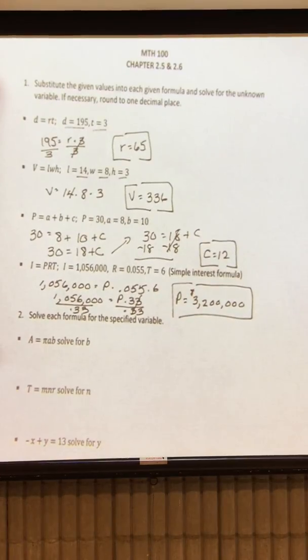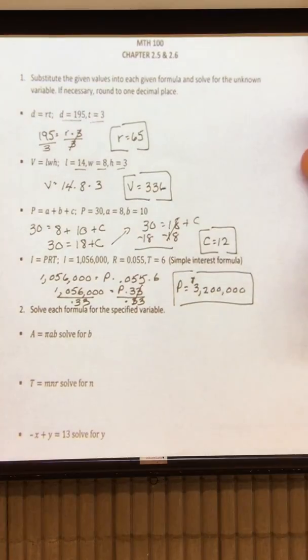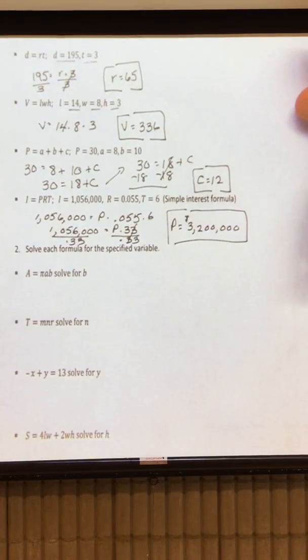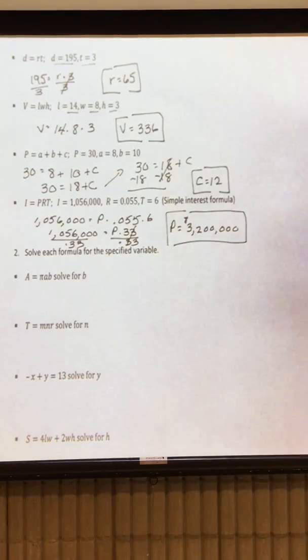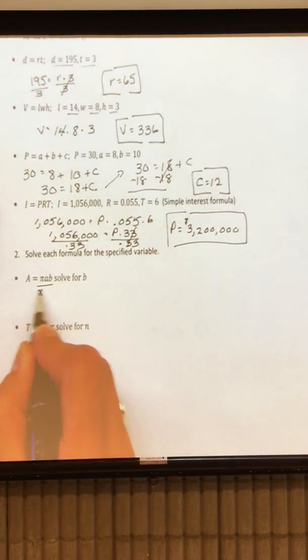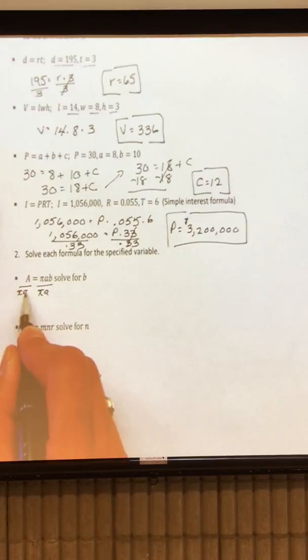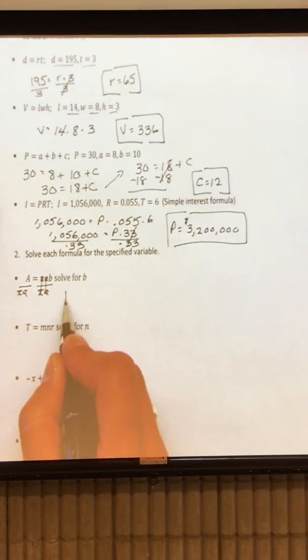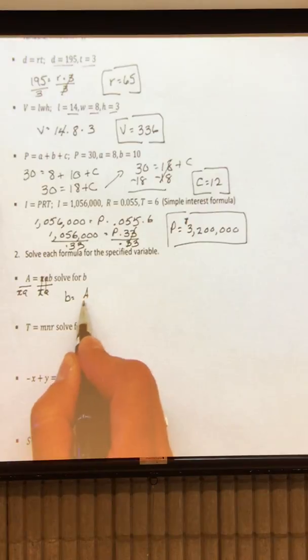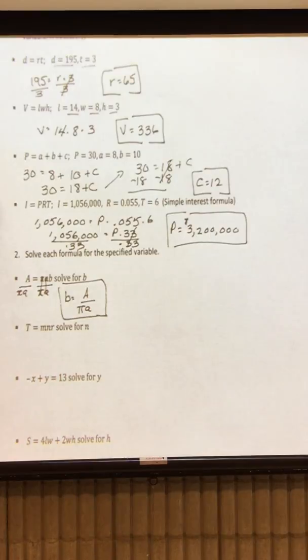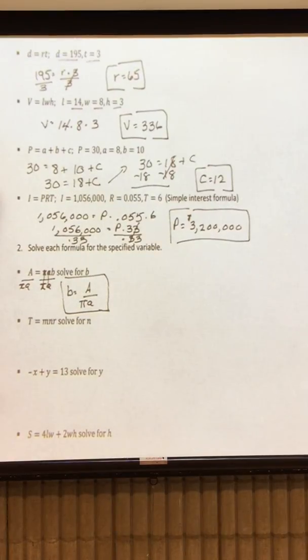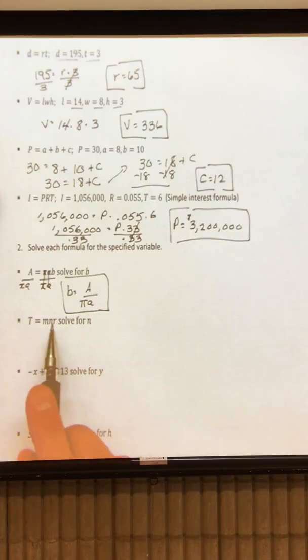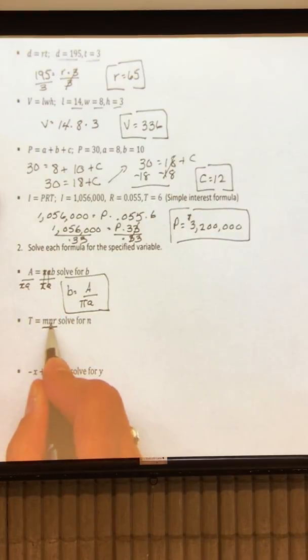Number 2. Solve for each variable. So for A is equal to pi times A times B. Solving for B, we divide both sides by pi A. So the pi and the A cancel and we're left with B is equal to A divided by pi A. The next problem, T is equal to M and R. Solving for N. So solving for N means we want the N alone.